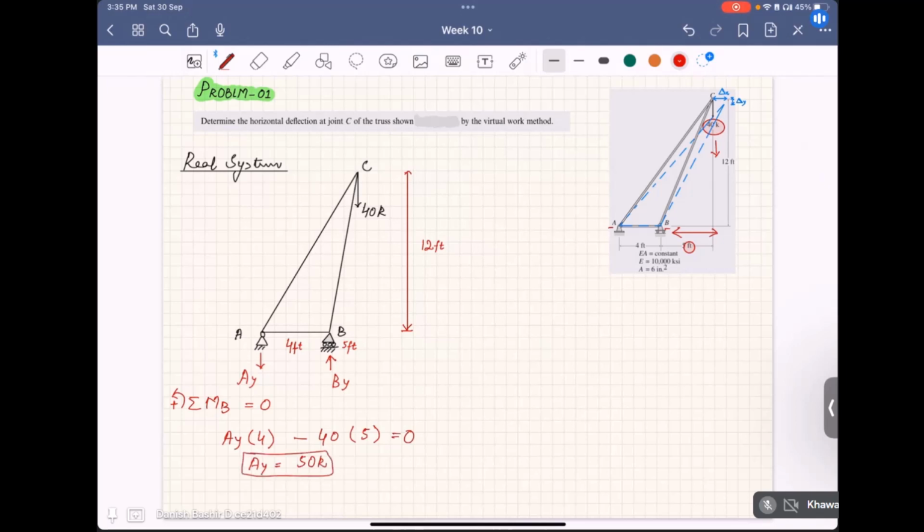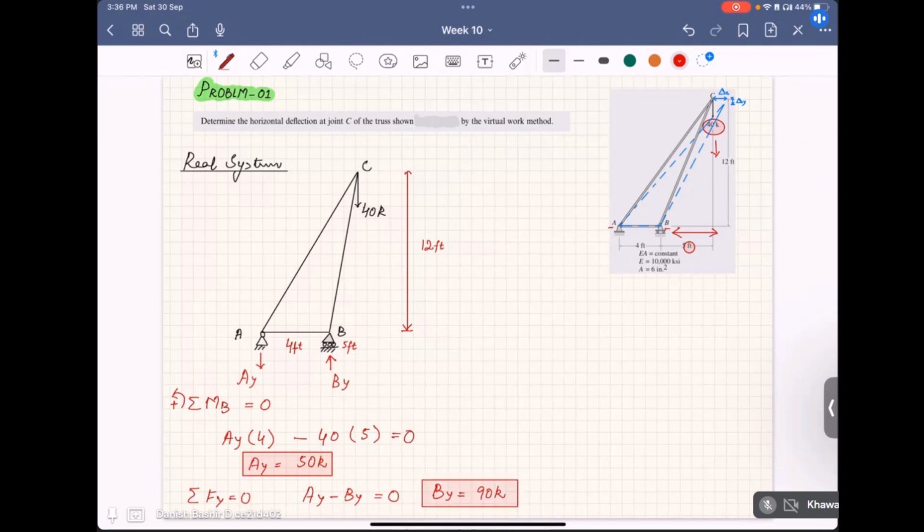If you apply vertical equilibrium, that is summation of FY is equal to 0, you will write AY plus BY is equal to 40, with BY downwards. You can clearly get BY is equal to 90 kilopound. So we got AY and BY.